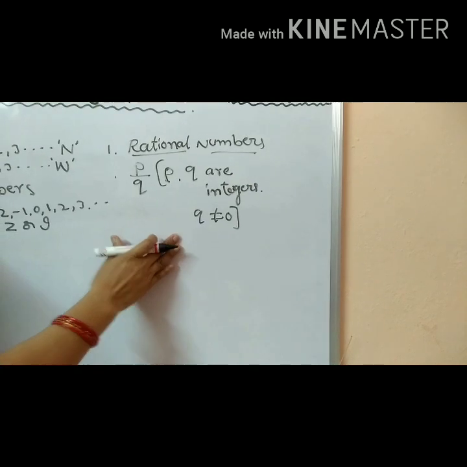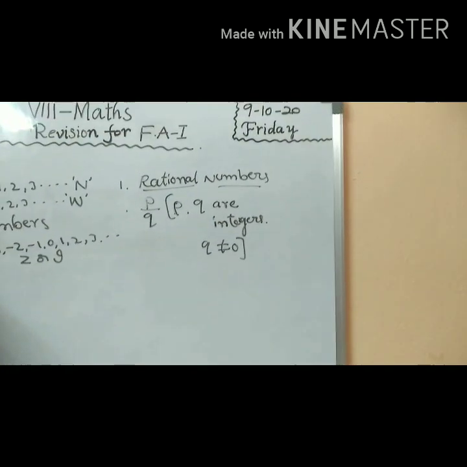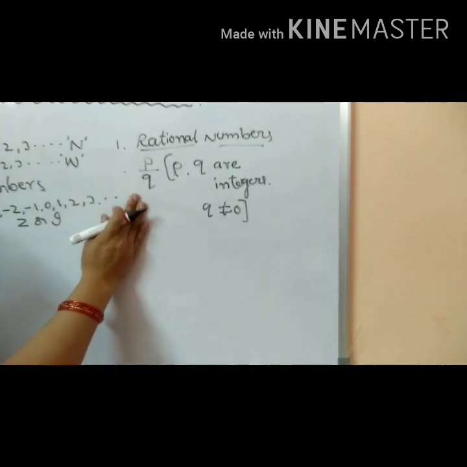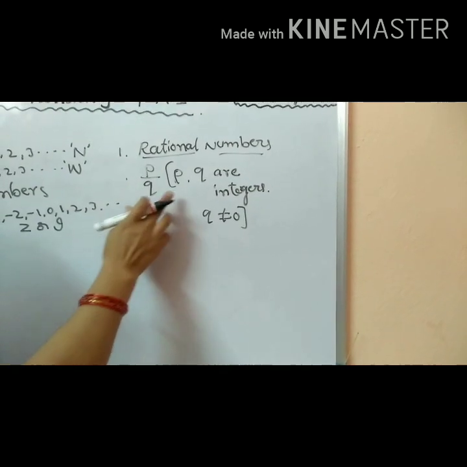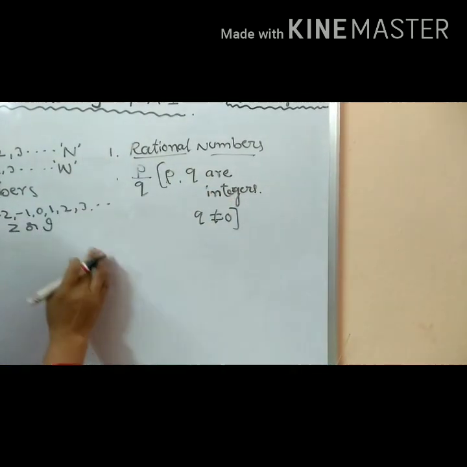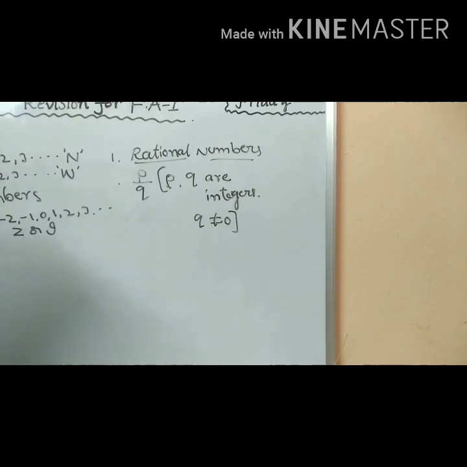Did you understand, children? Any number that can be expressed in the form of P by Q, where P and Q are integers and Q is not equal to 0.